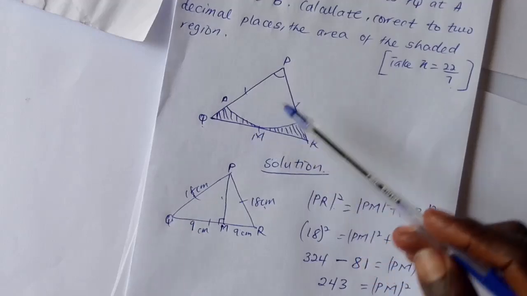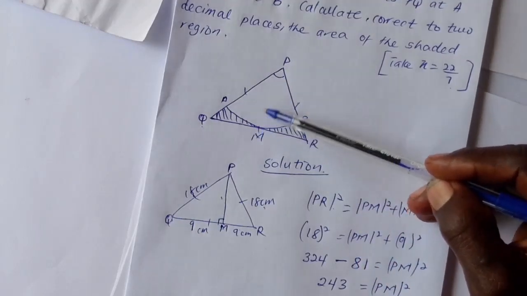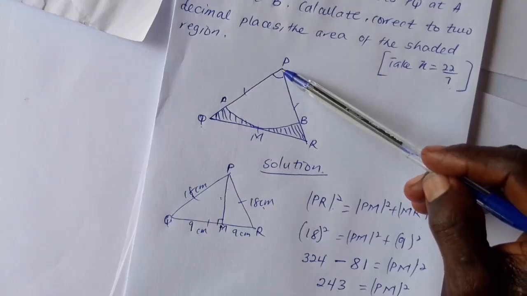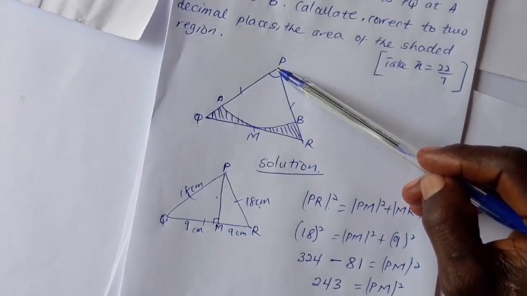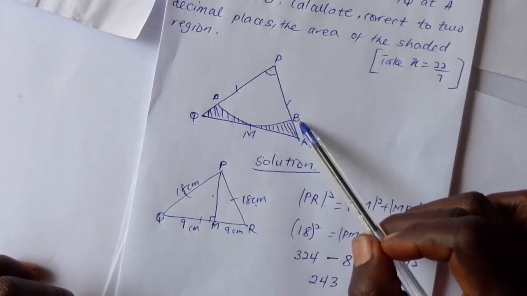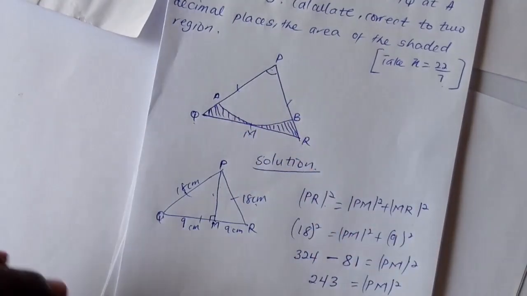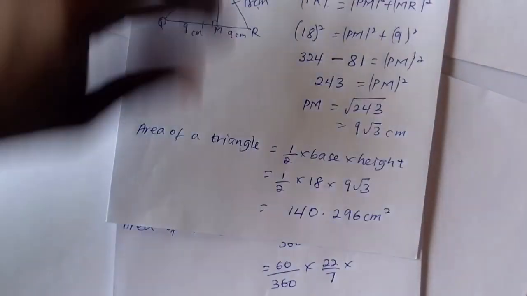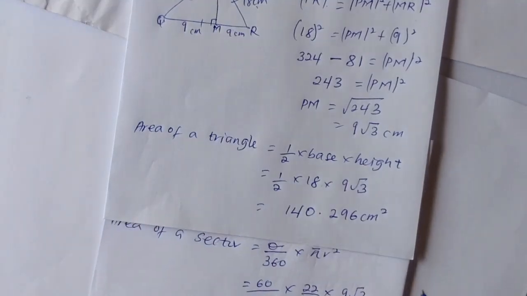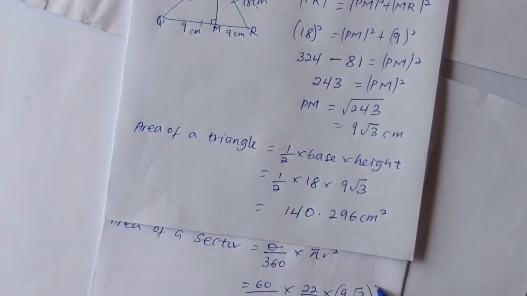From P to here is the same as P to A, P to B, because a line from the center to any part of the circumference is a radius. So our radius here is 9 root 3 all squared.